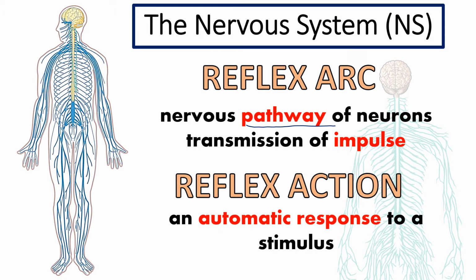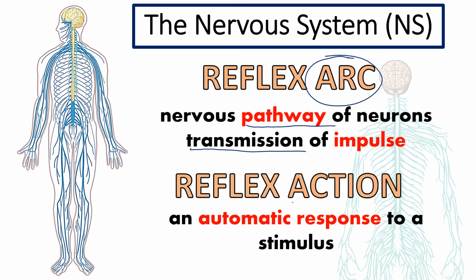The reflex arc is made by three types of road, which are known as neurons: the sensory neuron, the relay neuron and then the motor neuron. So just remember that the reflex arc is the pathway made by neurons so that the impulse can be transmitted. Then we have the reflex action.